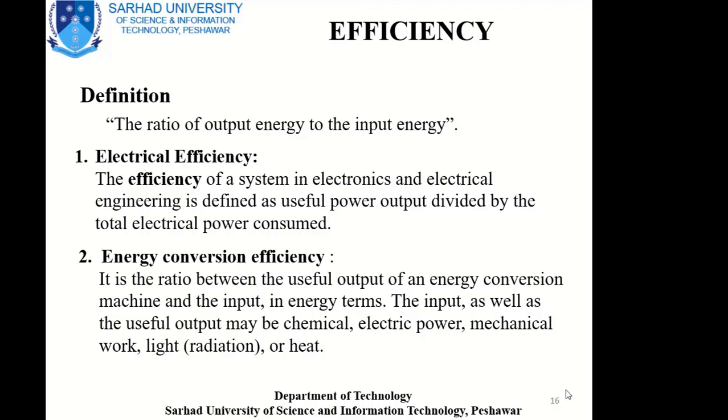For example, if you supply some amount of energy to an electric fan, the fan rotates and gives you a cooling effect or some air. So you are converting electrical energy into mechanical energy, and the ratio of output to input will be the efficiency.